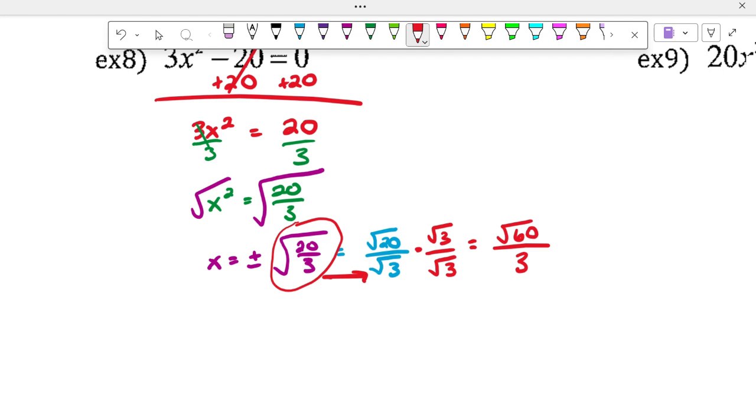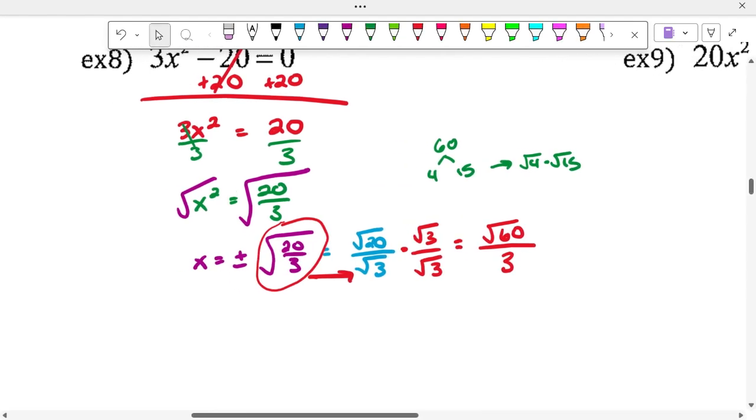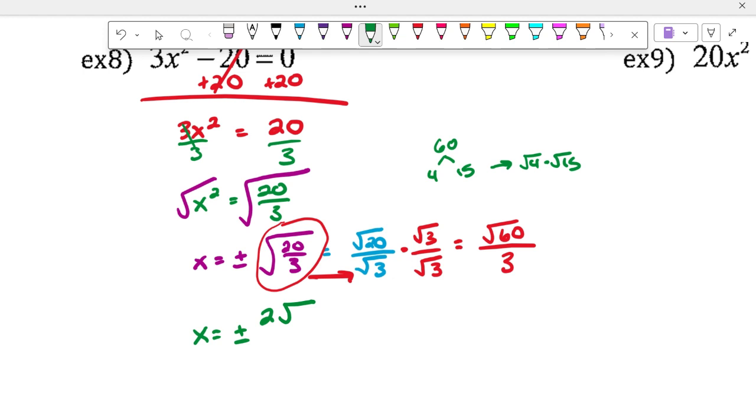Now, 60 I can probably break down. So what are two factors of 60 where one of them is a perfect square? 4 and 15. So I can rewrite this as square root of 4 times the square root of 15. So x would be equal to plus or minus, what's the square root of 4? 2 times the square root of 15 over 3.